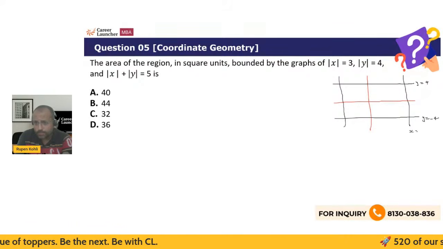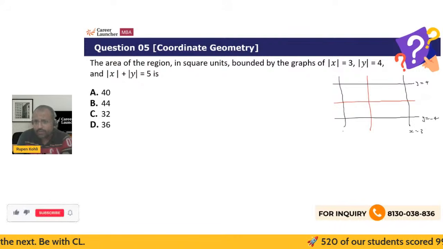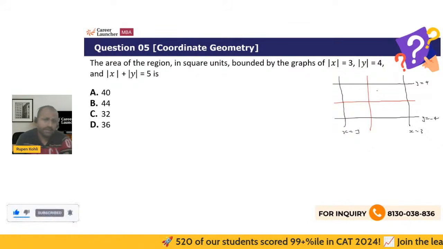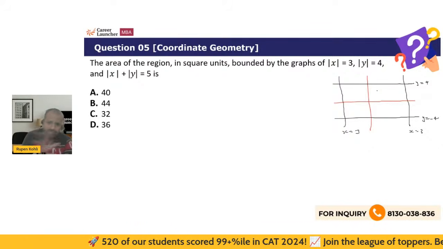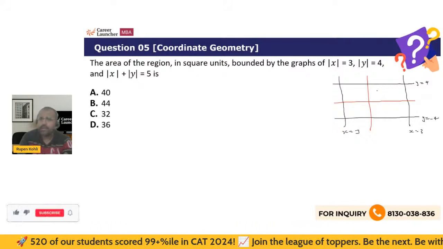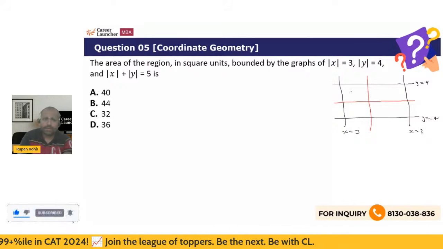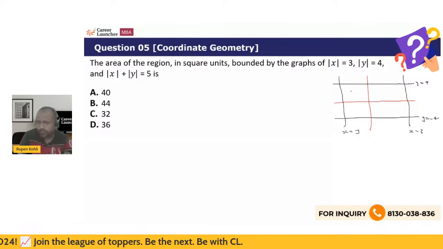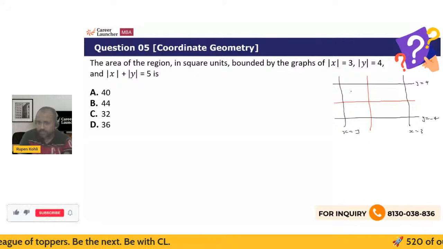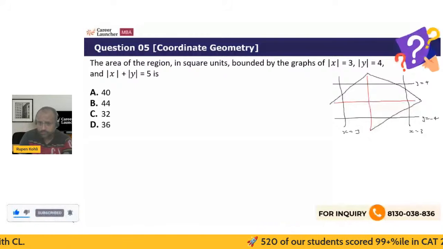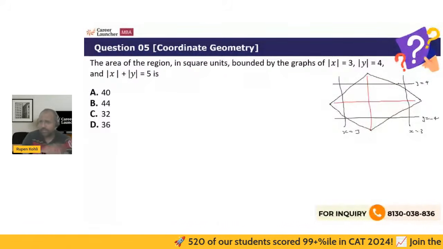So then my point is, you can already see these, right? The graph so far is symmetric in all the four quadrants, identical things you're seeing in all the four quadrants. And likewise, mod x plus mod y equal to 5 is a standard shape, a kind of a square figure, right, with center as the origin. So the shape is very symmetric.